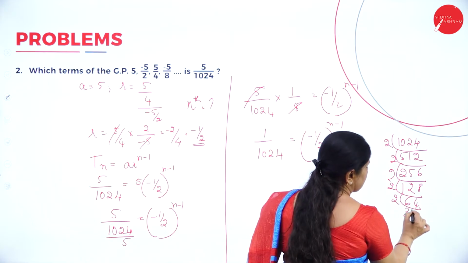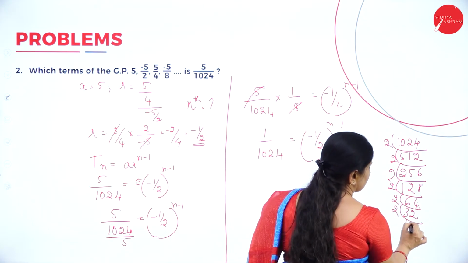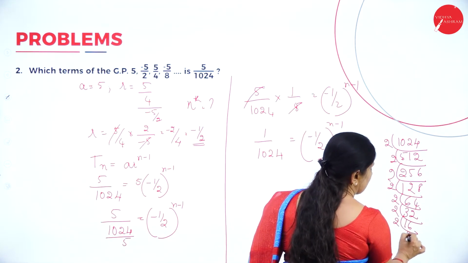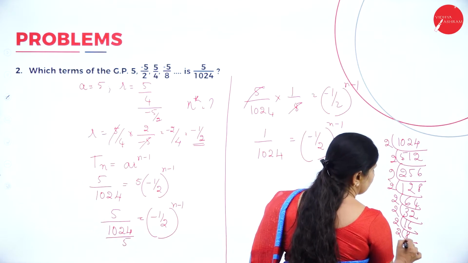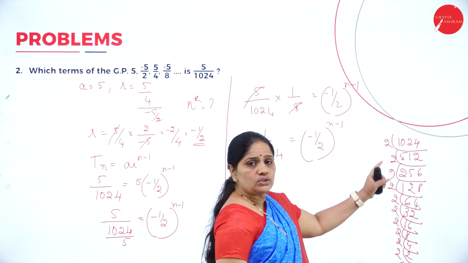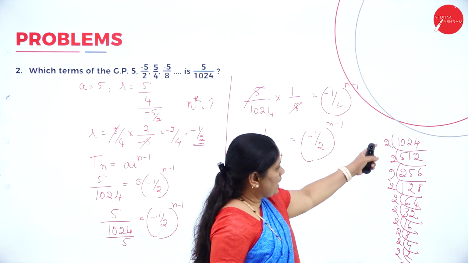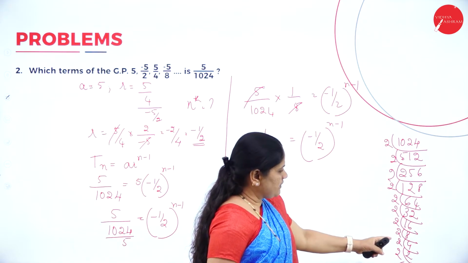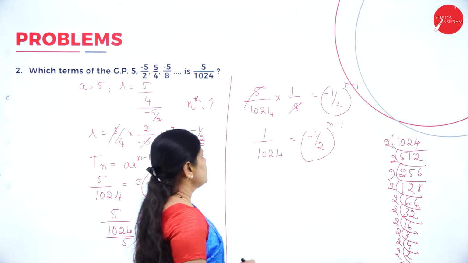Continuing this way, you have to count the number of 2s here. 1, 2, 3, 4, 5, 6, 7, 8, 9, 10. So, there are 10 2s here.